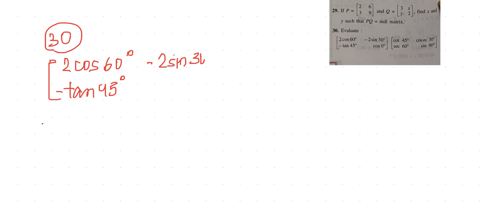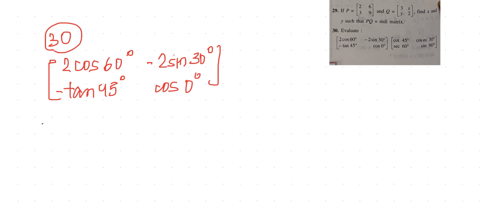So in question number 30, it has been given as 2 cos 60 degree minus tan 45 degrees. Okay, and then here you have been given minus 2 sin 30 degrees. Here you have cos 0 degree.